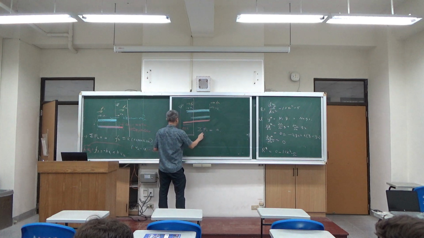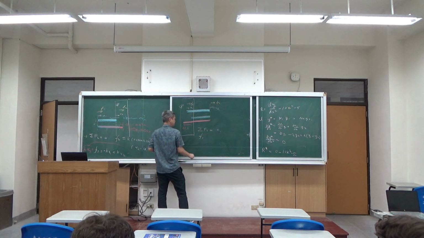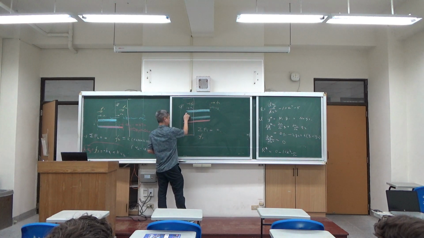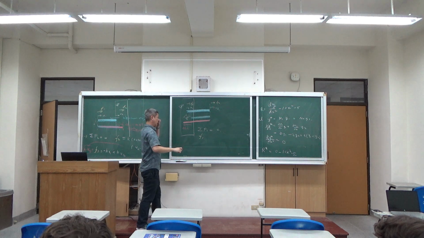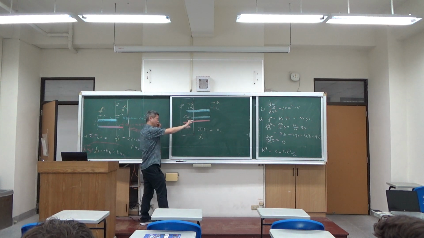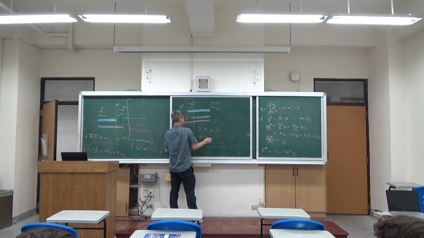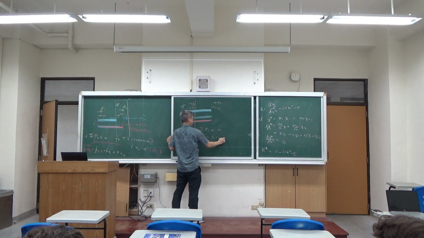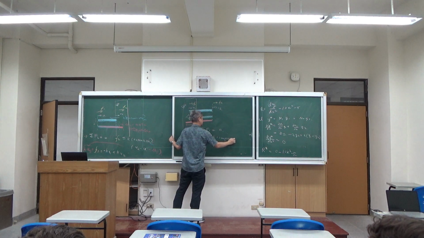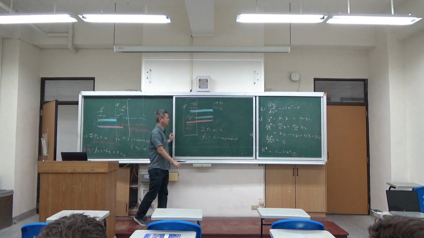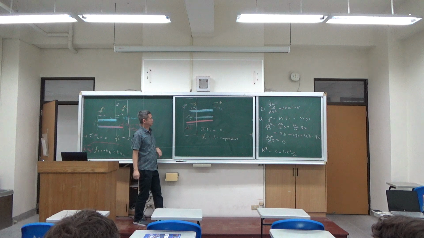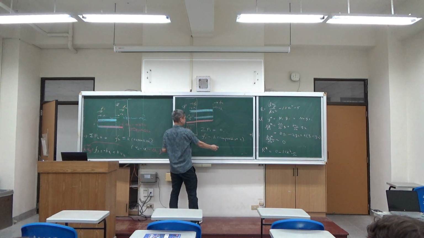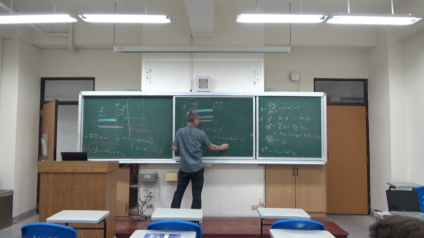F1 is forward positive. If you are compressing this rod, you are subjected to a spring force. How much is the compression? K times the compression due to mechanical means, so this amount is U1 minus U2.